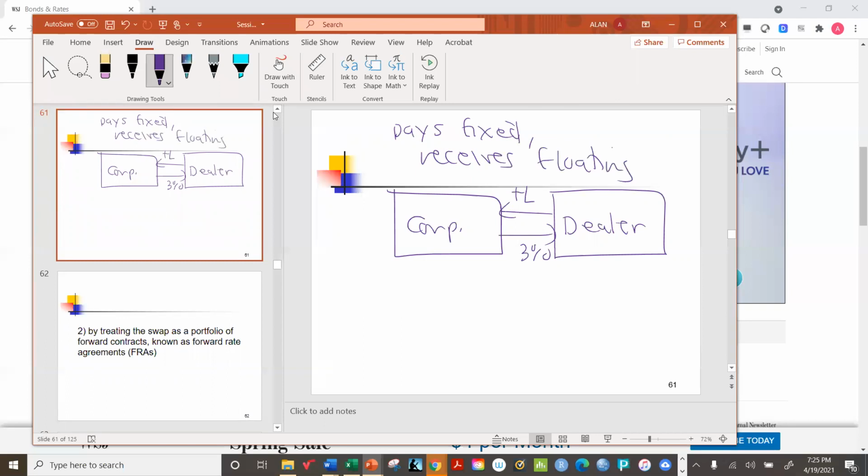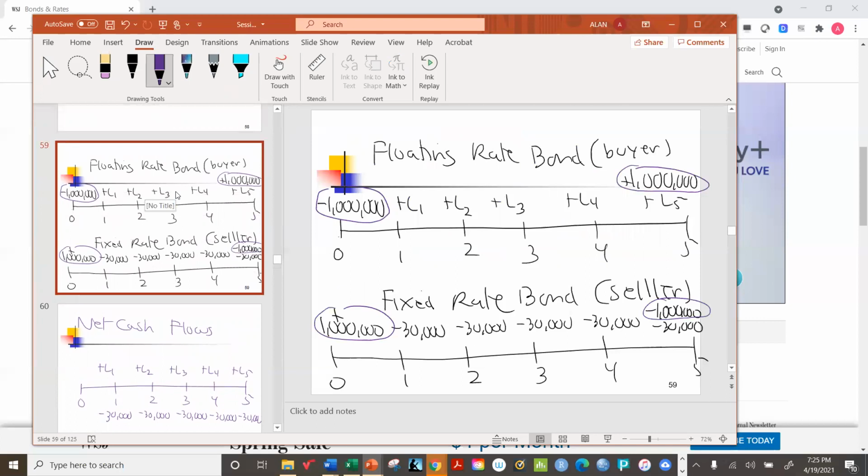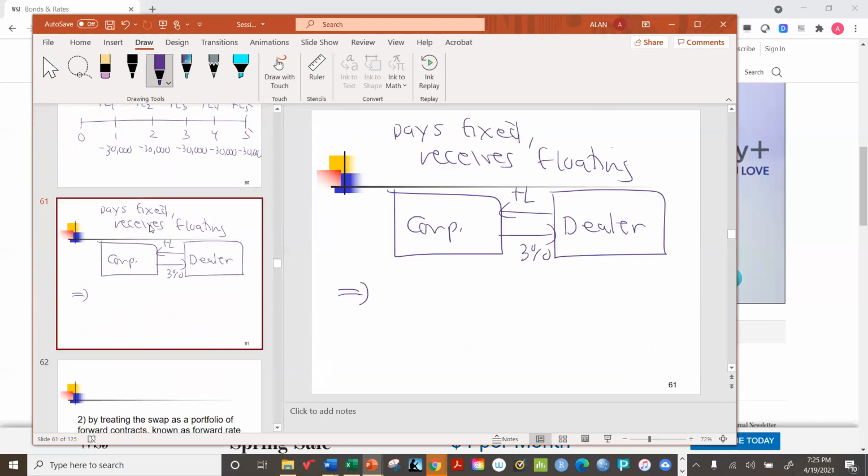and it is the equivalent to, if you look at this graph, being the buyer of the floating rate bond and selling the fixed rate bond.